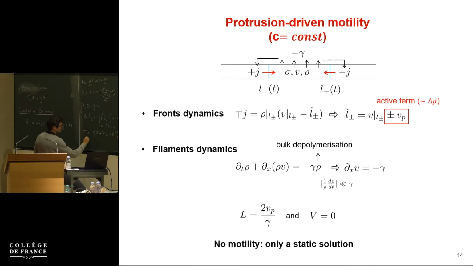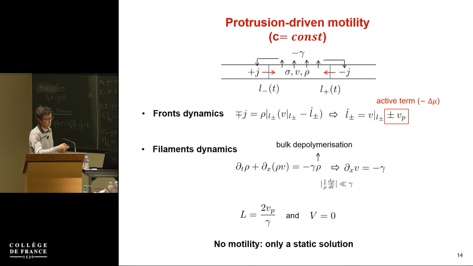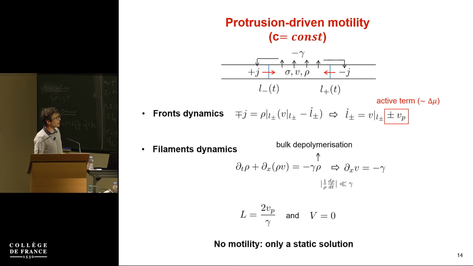Which means that when I consider the boundary condition, which is that the stress is fixed at the boundaries, it means that the density is fixed at the boundaries. So I can simplify this equation with the classical, I may say, kinetic boundary condition with polymerization speed, where the polymerization speed is just the flux divided by the constant density at the fronts, which we completely know. And okay, when you do this, then you have the front dynamics, and it just depends on the velocity.